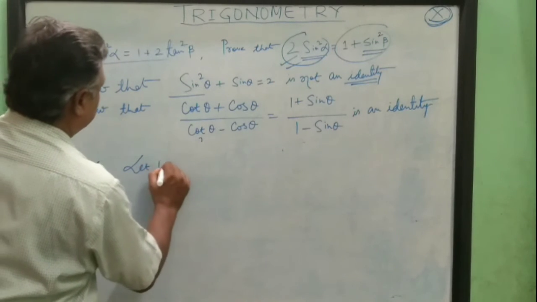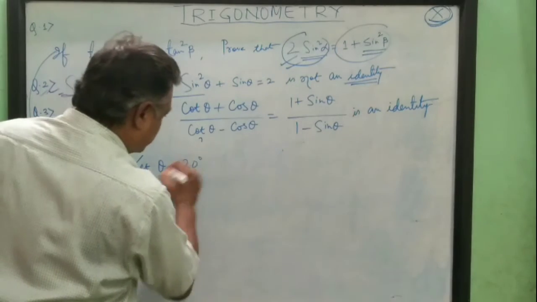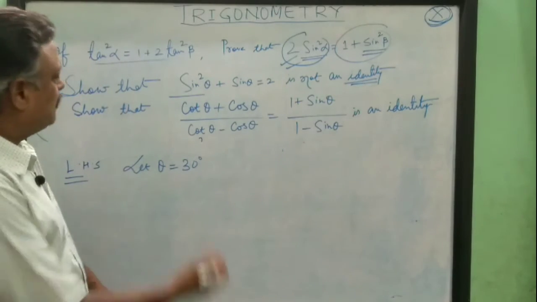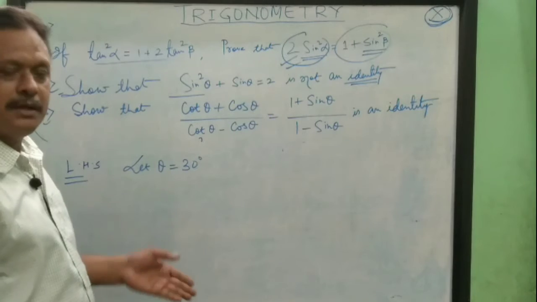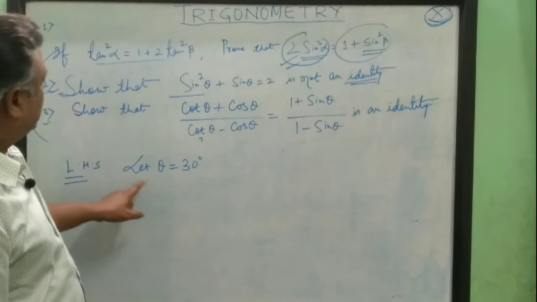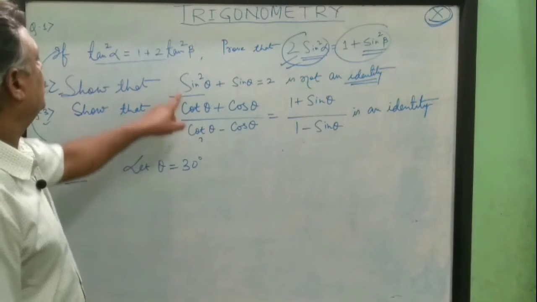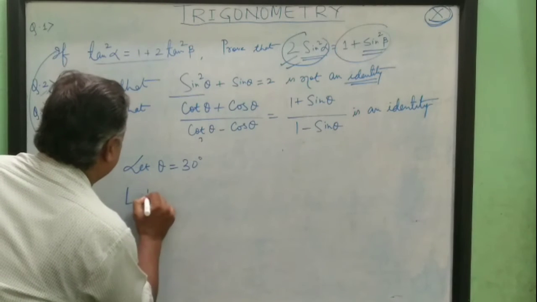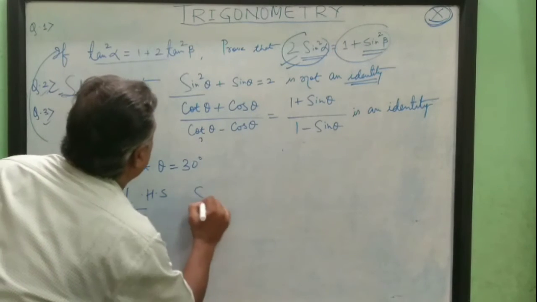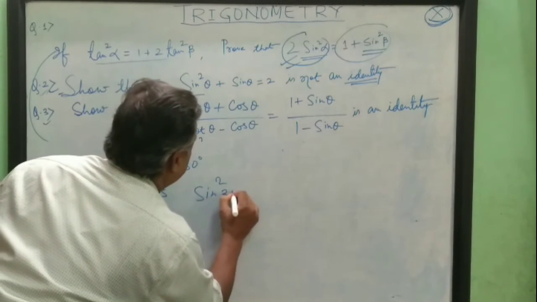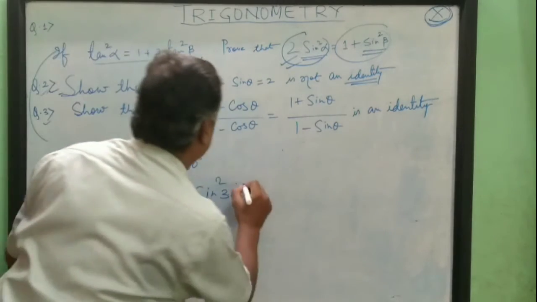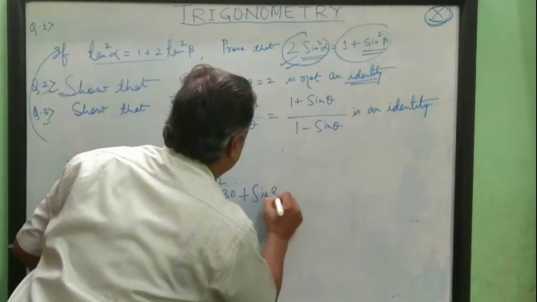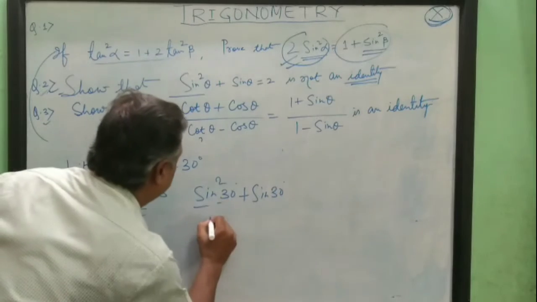Let theta is equal to 30 degree. We will start with values of our own choice: 0, 30, 45, 60. I have taken theta is equal to 30 degree. So LHS is sin square 30 plus sin 30. Sin 30 is 1 by 2.